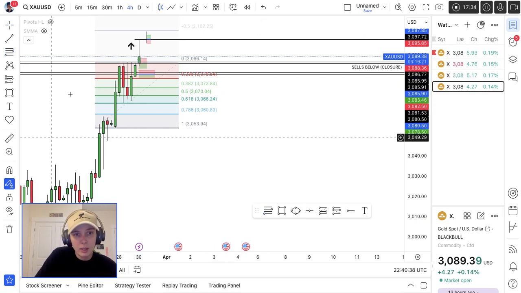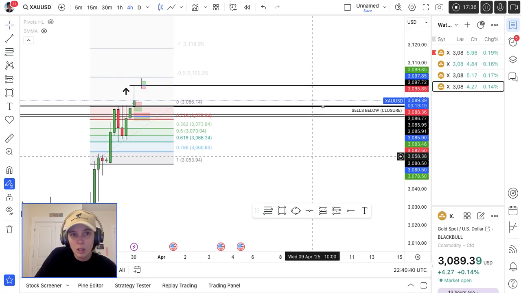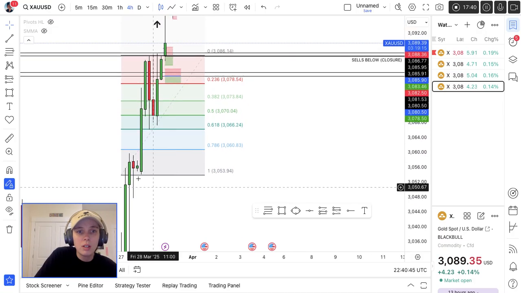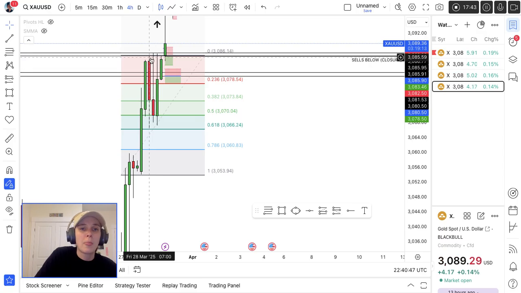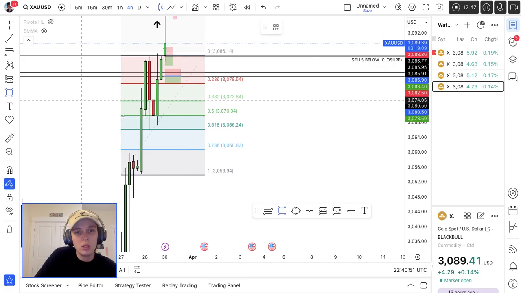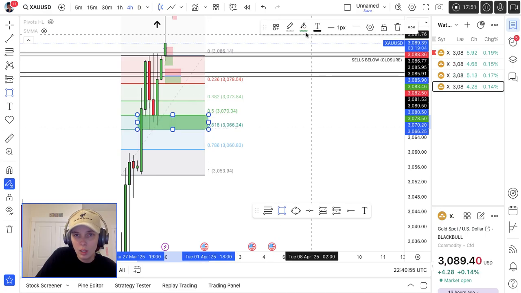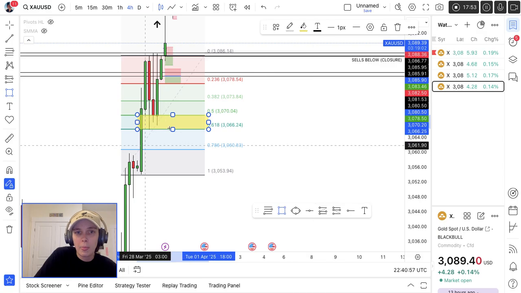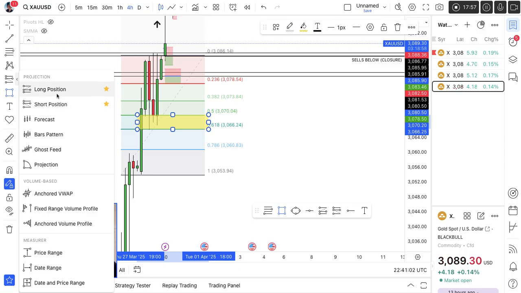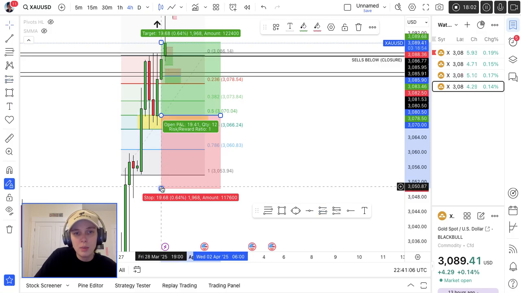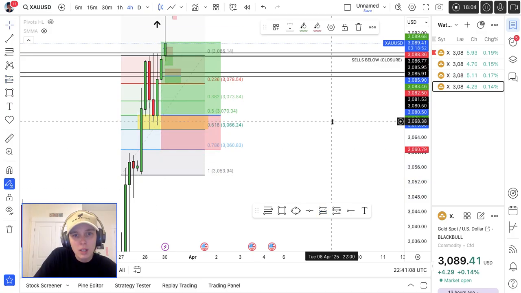Typically with the Fibonacci, you have a break, price goes up, comes back down, tests our golden zone, as we call it here, the 50%, 61.8 golden zone, and then you could enter off the 50% golden zone and just keep your stops tight.